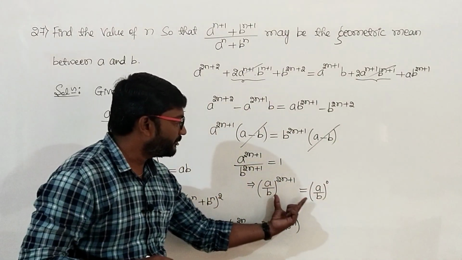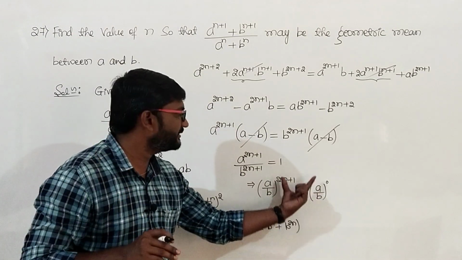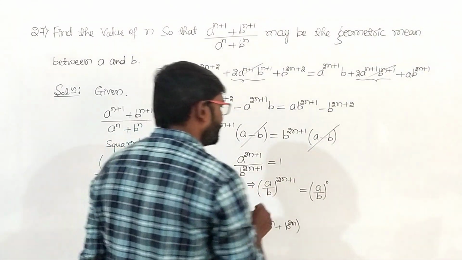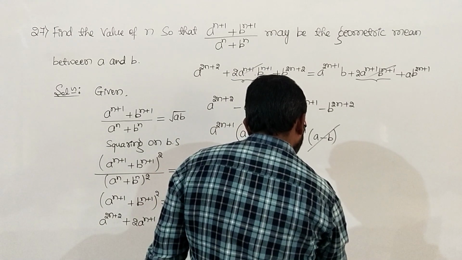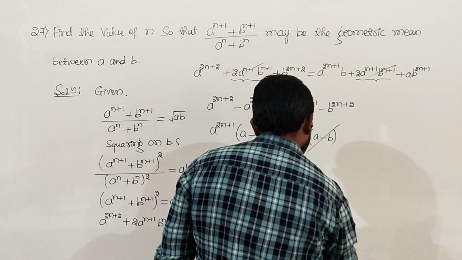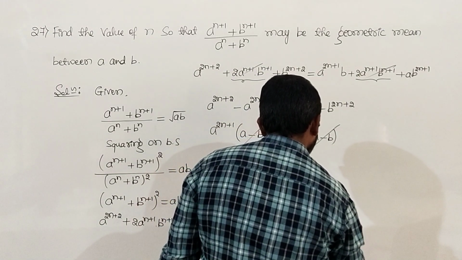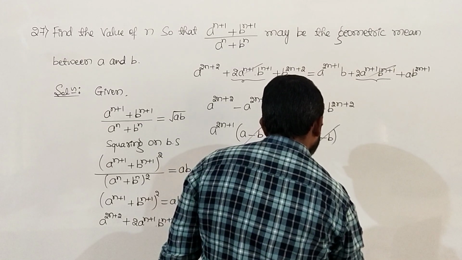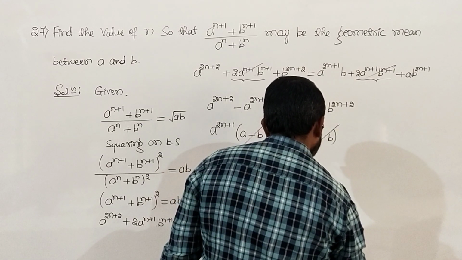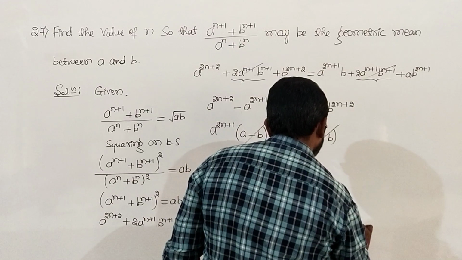So now you have the same base, that means you can equate the powers. So 2n plus 1 equal to 0. This implies 2n plus 1 equals 0, then n equals minus 1 divided by 2. This is the required value of n.